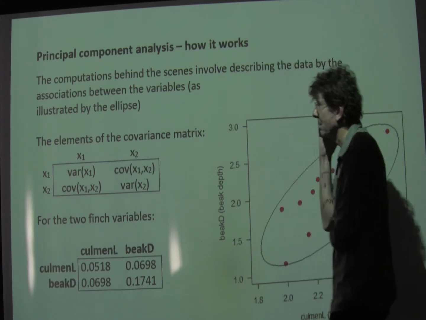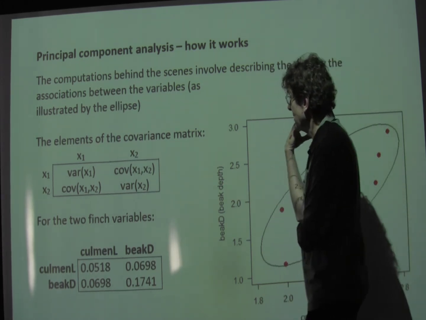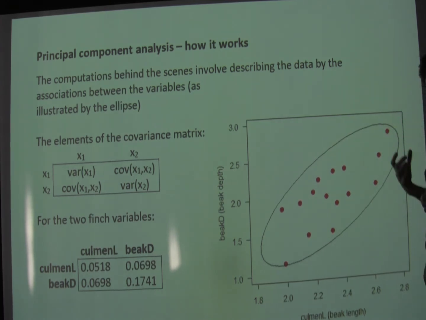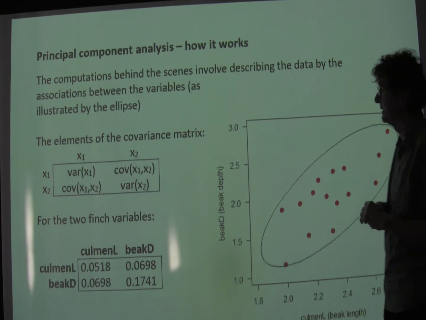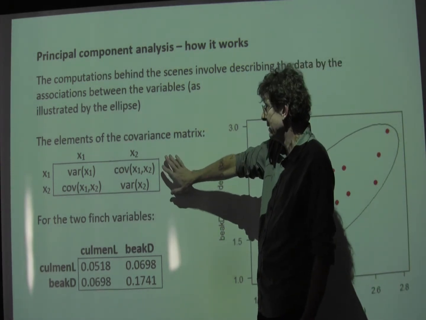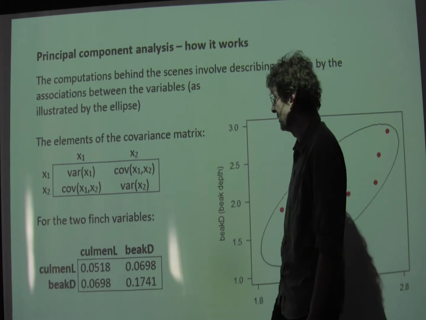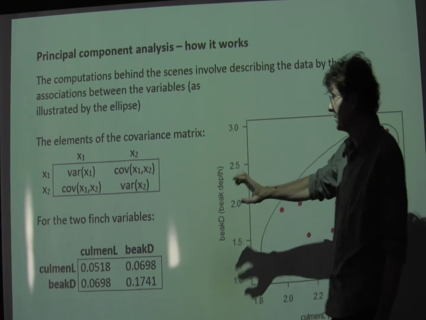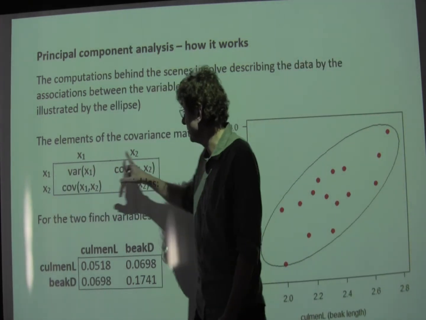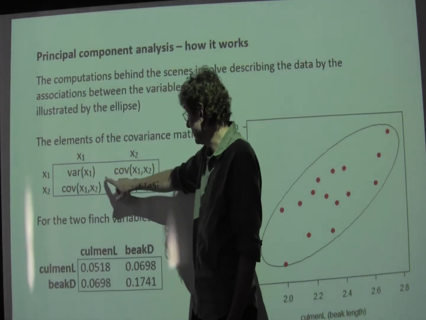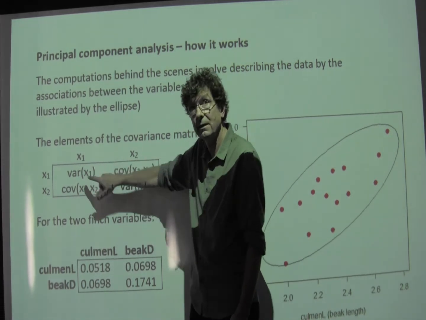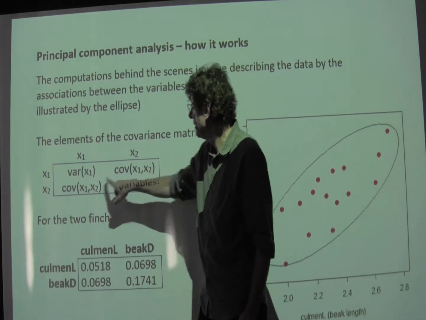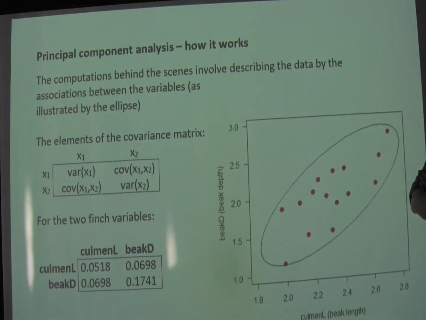How principal component analysis works is you start with some matrix that summarizes the relationships between the data points in your analysis. One way to do this is to use the covariance matrix, which is something that we've uncovered before. If we have just 2 traits, x1 and x2, we have a 2 by 2 matrix where along the diagonal is the variance in x1 and the variance in trait x2, and the covariance is off the diagonal.